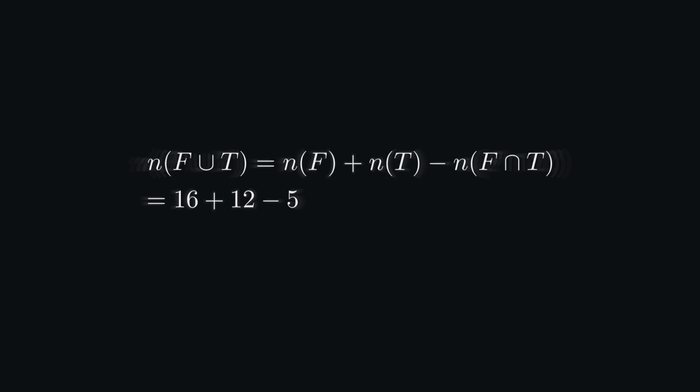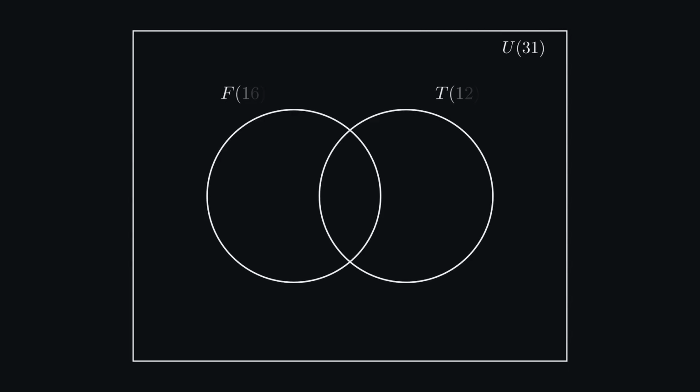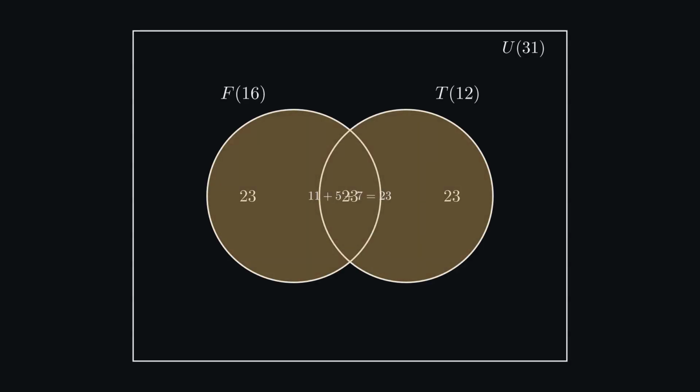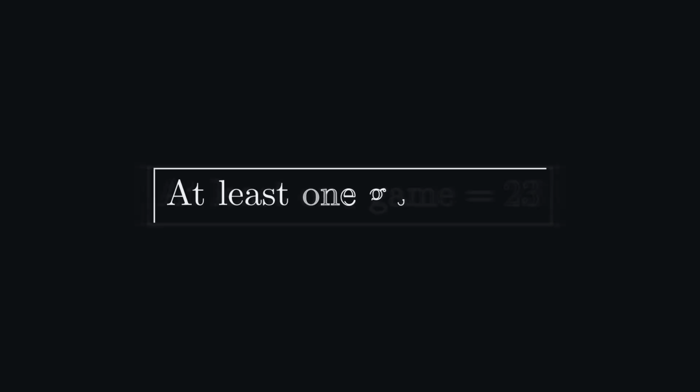Equals 23. At least one means the student plays football, table tennis, or both. So, we find that 23 students play at least one game.